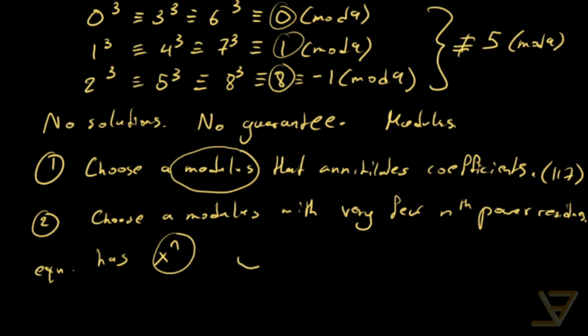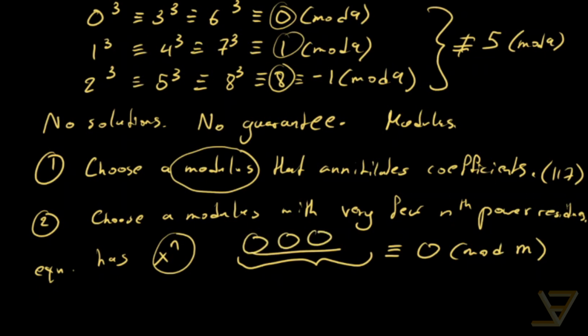Because if you put everything on one side, the equation is congruent to 0 mod your modulus m. And if your terms have very few power residues, then there's, in some heuristic sense, a lower chance of them combining with addition, multiplication and subtraction to produce 0 in the end.